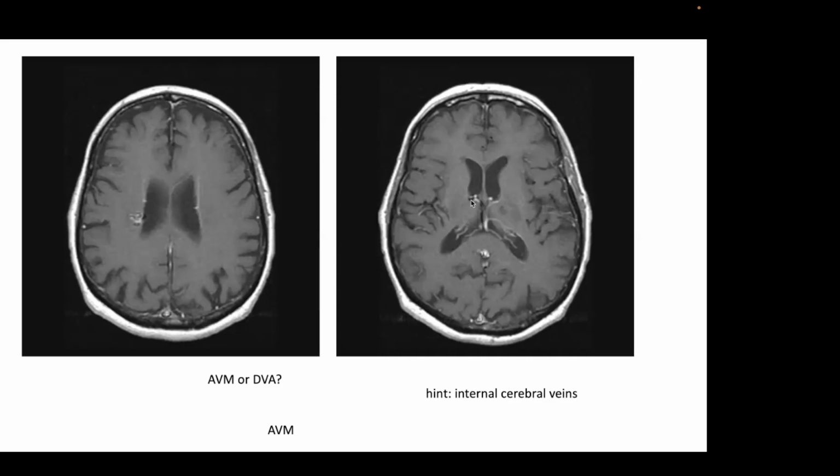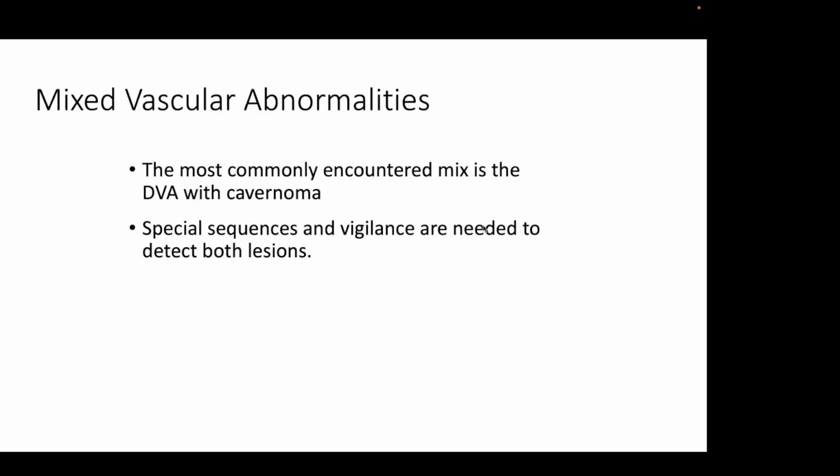But you'll notice this internal cerebral vein is dark, while the normal contralateral internal cerebral vein enhances homogeneously. This is an indication of high velocity flow in this internal cerebral vein, which established the diagnosis. This is an AVM, not a DVA.